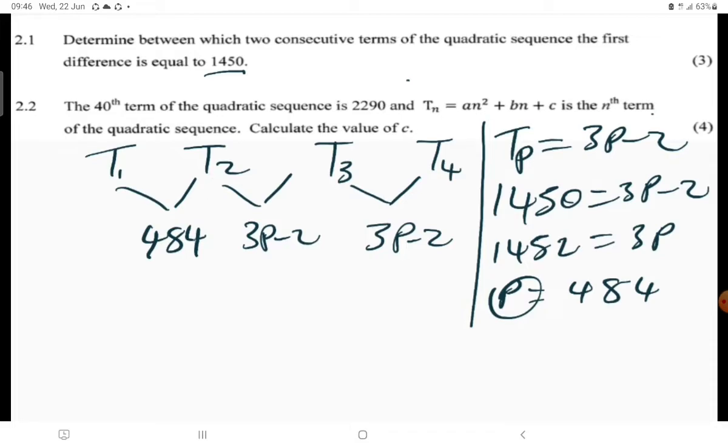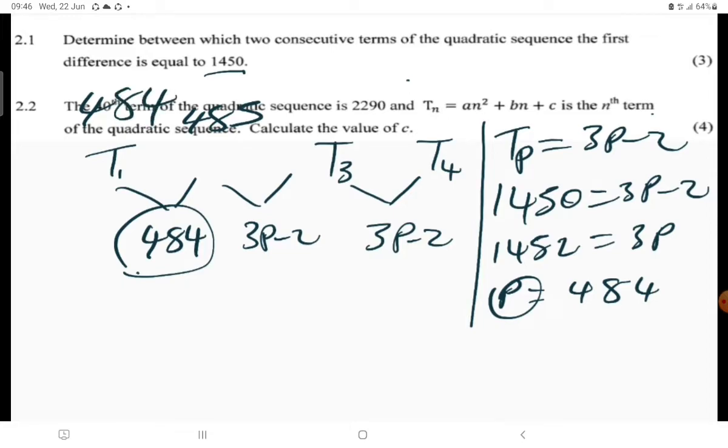So if this is 484, then we are having 485 as the position after 484. We just need to plus 1 here because we have n and the other one is n plus 1, which means this one is n.